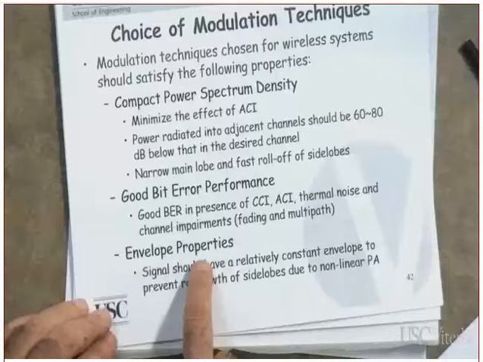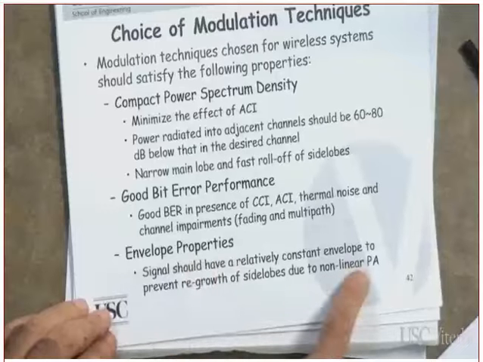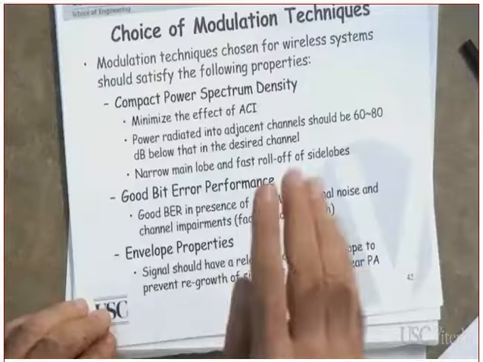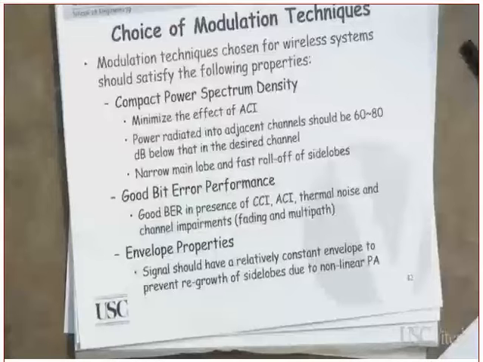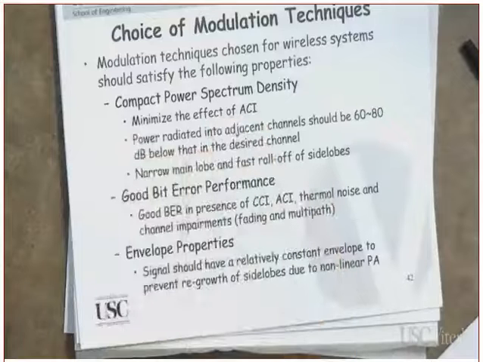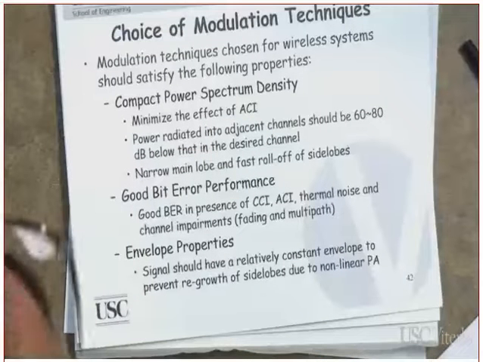So it depends. Envelope properties, again, this is in the design of our power amplifier. If the signal has a relatively constant envelope, we can afford operating the power amplifier close to the knee, in the nonlinear region, to achieve highest efficiency.